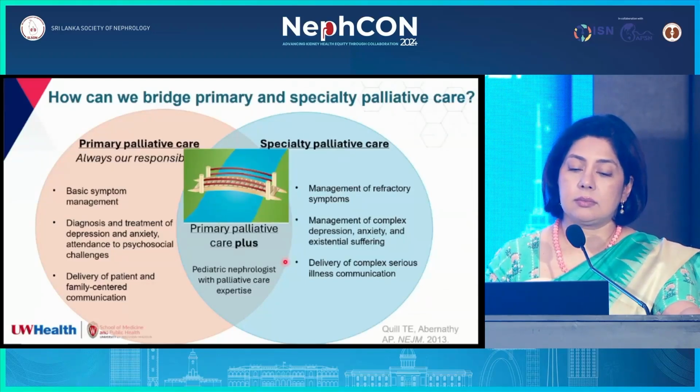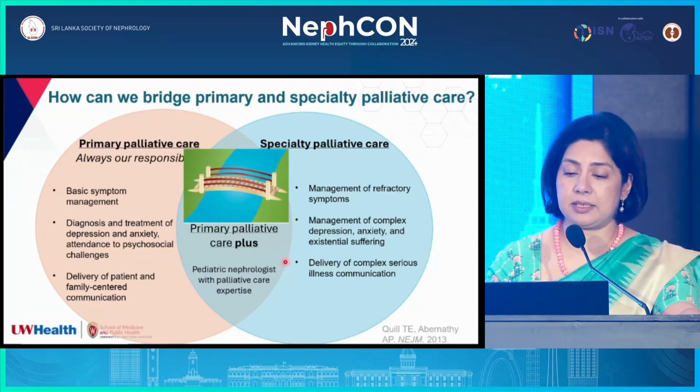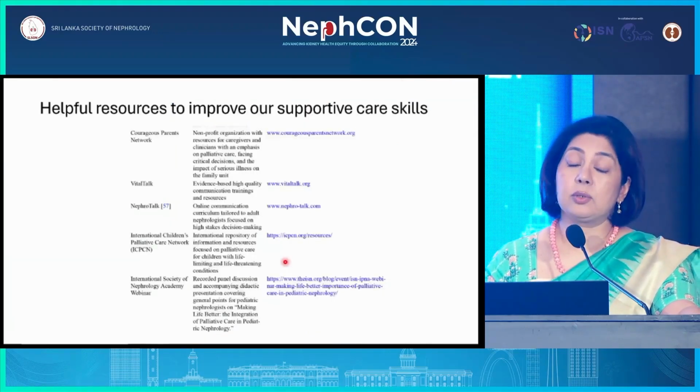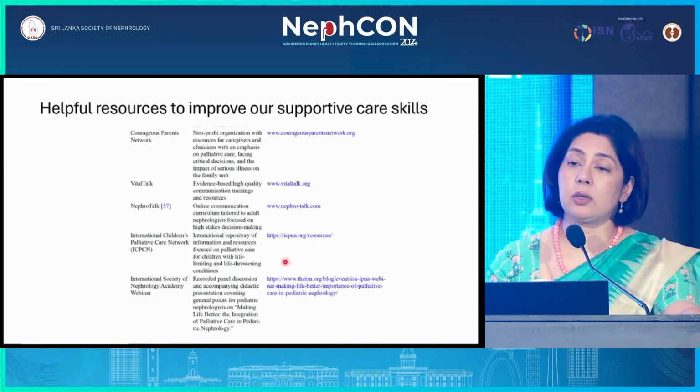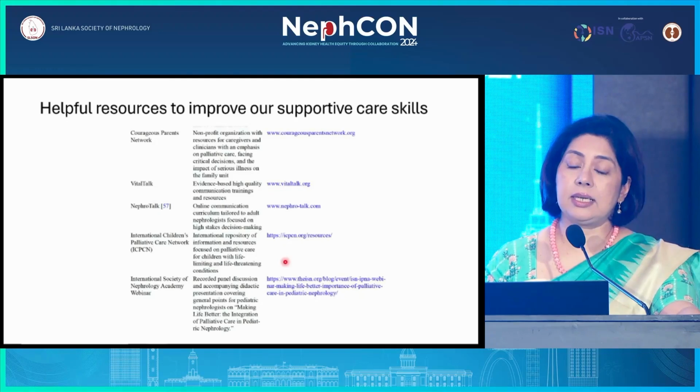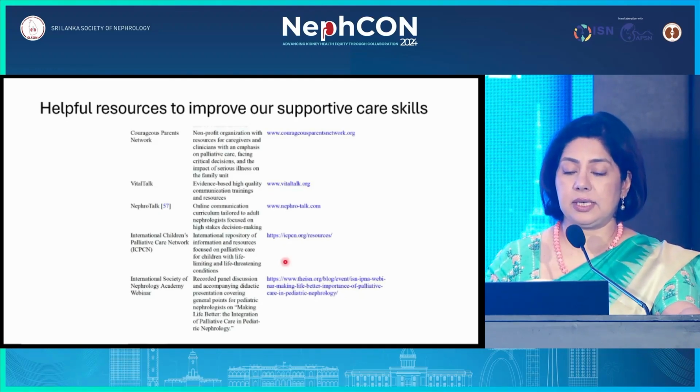So, how do we serve as a bridge between pediatric nephrology's primary palliative care and specialty palliative care? We could use resources and learn about it. We also need to be trained more. This is an area that is really insufficiently utilized to improve patients' lives.